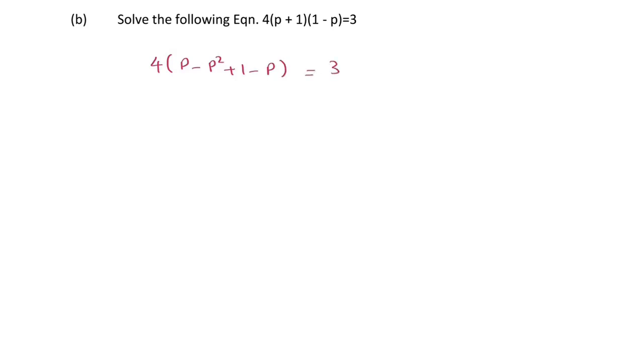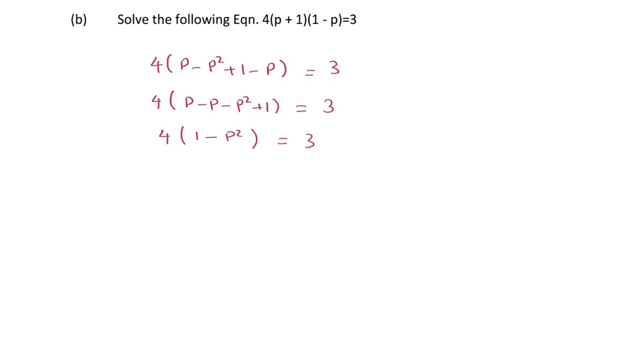Okay, so now let us collect the like terms inside the brackets. Then our equation is going to be 4 in brackets p minus p minus p squared plus 1 equals 3. Okay, so next let us simplify this. Our equation is going to be 4 in brackets 1 minus p squared equals 3.